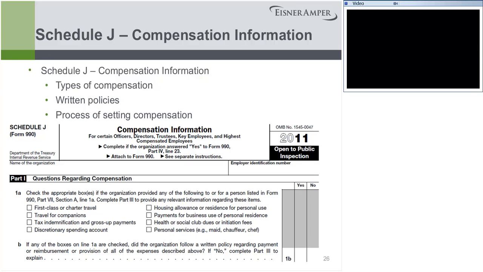In Part 7 of the core form, it asks you to list the compensation of officers, directors, trustees, key employees, and highest paid. It defines highest paid as anyone paid over $100,000. It defines key employees as anyone paid over $150,000. It then very specifically says that has to be based on reportable compensation.